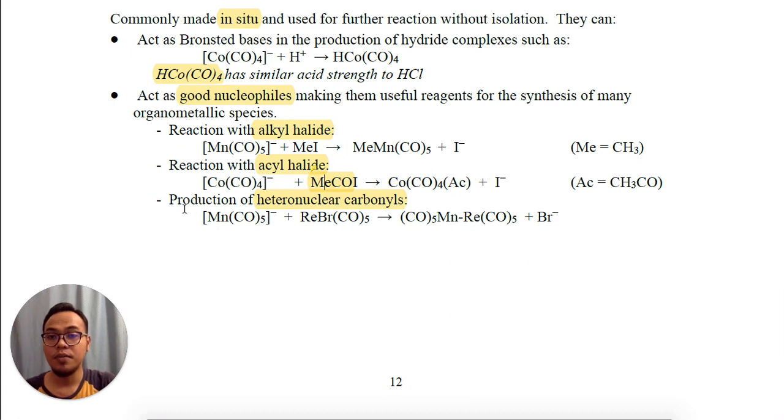So the third one, production of heteronuclear carbonyls, meaning from one mononuclear carbonylate, you can form polynuclear carbonyls. So this can be done when you react rhenium bromide pentacarbonyl. So you are going to get your polynuclear carbonyls.